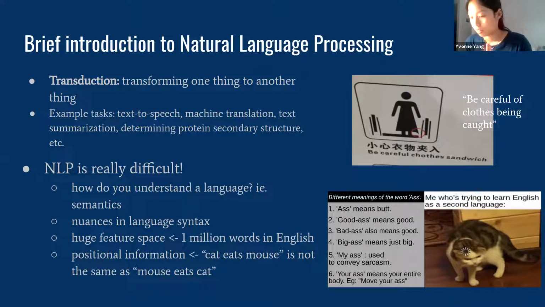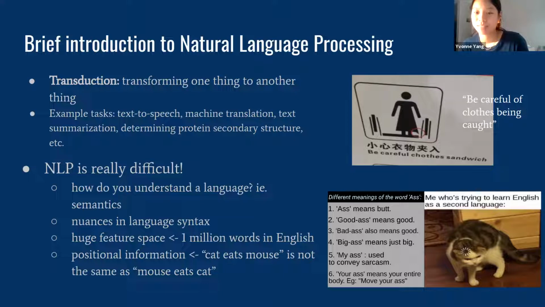And then the final really important thing is that this might seem obvious to you, but it's very hard to implement actually. In the sentence, there's positional information about the words. So think about it, a cat eats mouse is not the same sentence as mouse eats cat, right? That's terrifying.